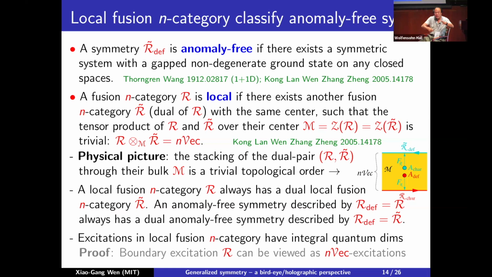So if this fusion n-category has more anyons than necessary to describe a symmetry, then those extra anyons cannot be cancelled by any other dual fusion category.